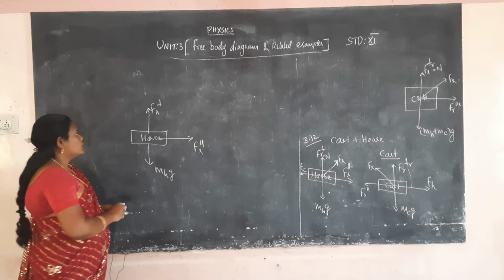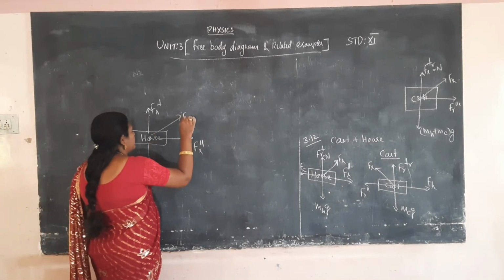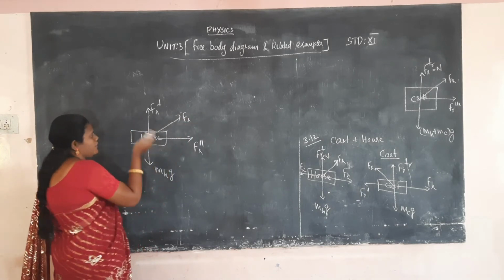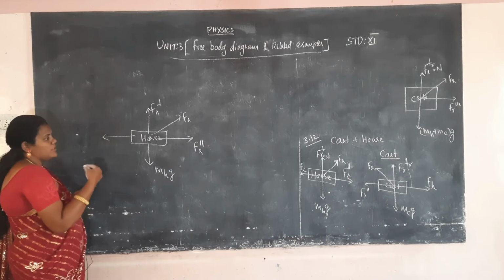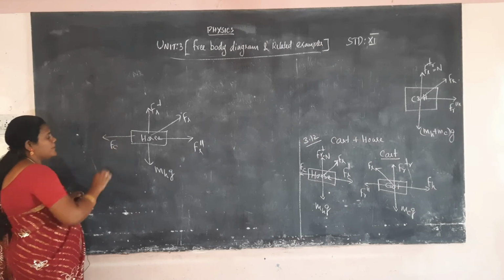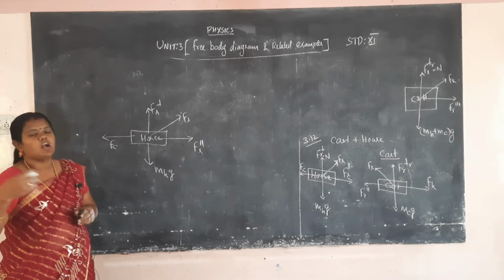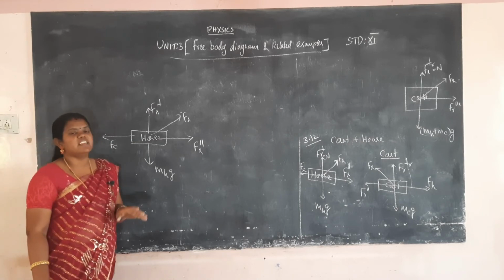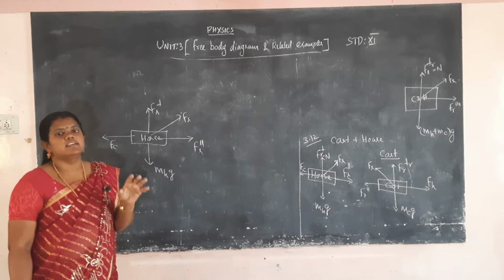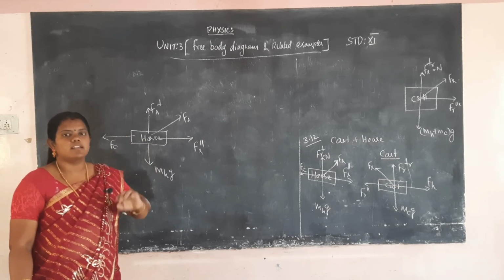So the net force lies between the parallel component and the perpendicular component, and in the front one force is shown, the force exerted by the horse on the cart, that is Fc. So in this problem we can decide the forces exerted by the cart and horse.